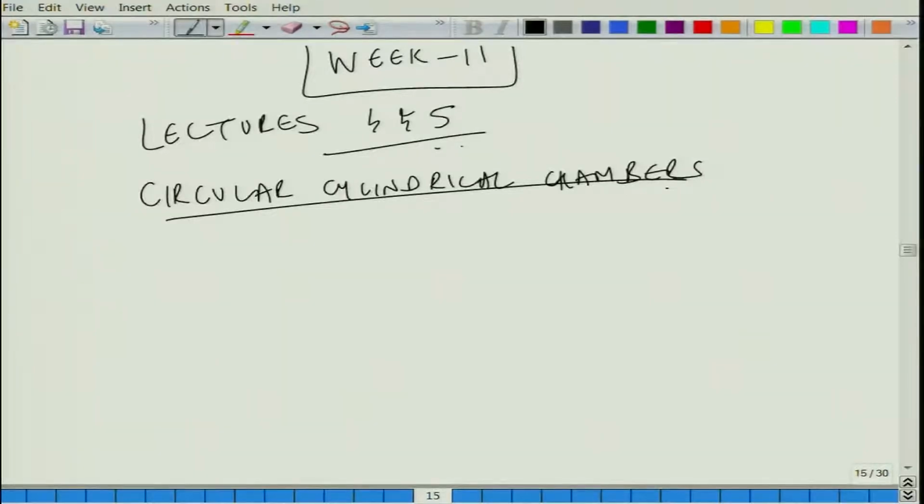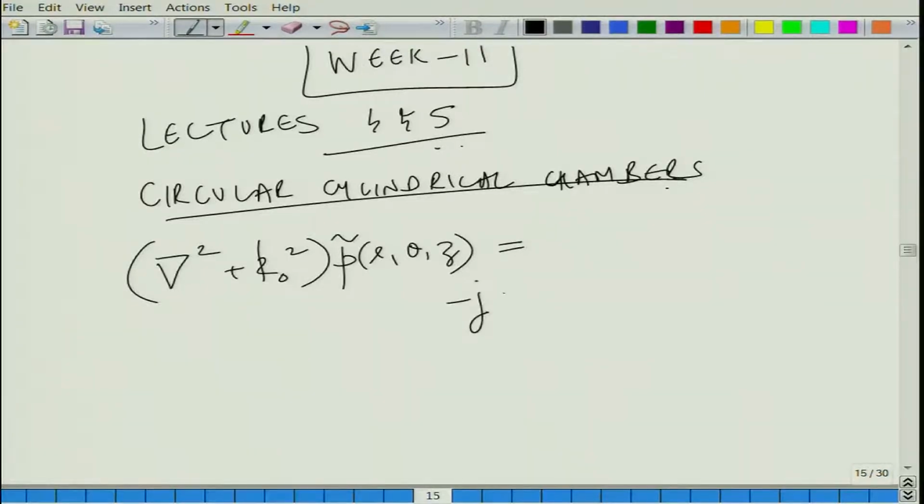So, basically what we have is del square plus k naught square, where k naught is again your excitation wave number. Here we have r, theta and z, p is this thing, and t is of course varying harmonically. So, this is your minus j omega rho naught q naught.